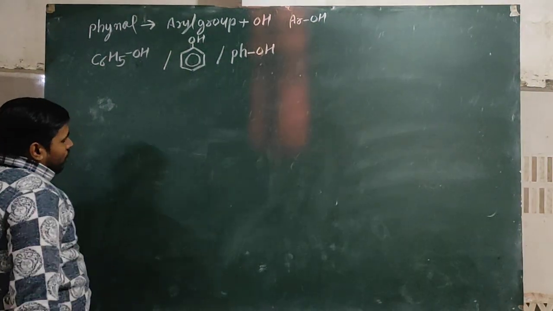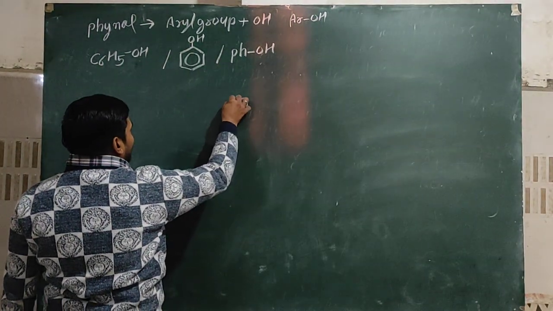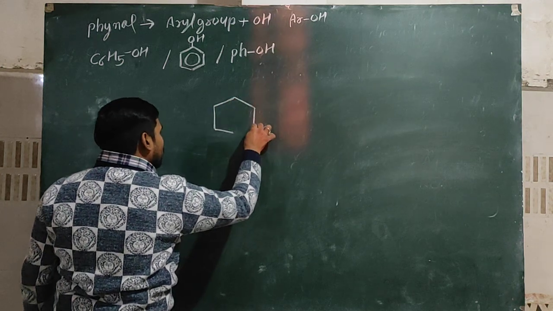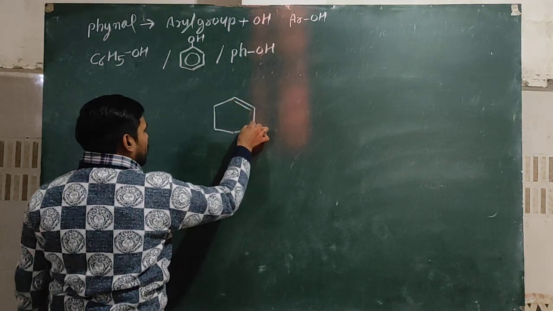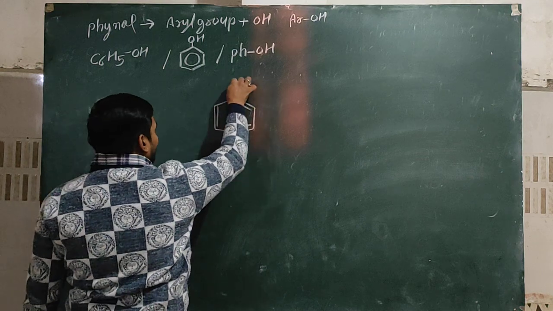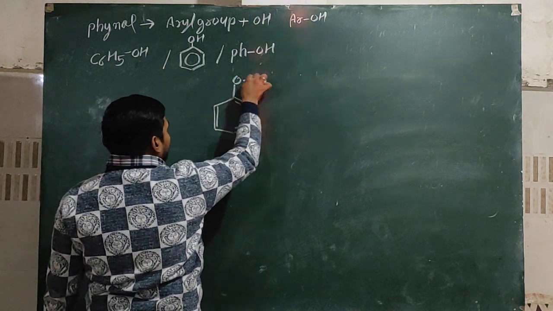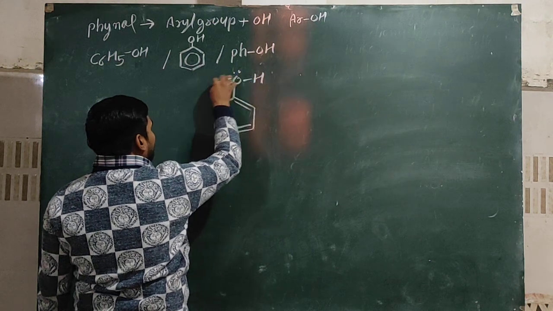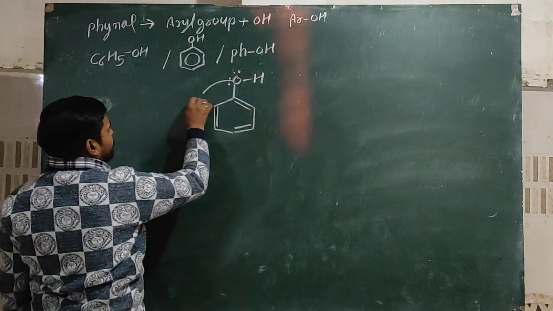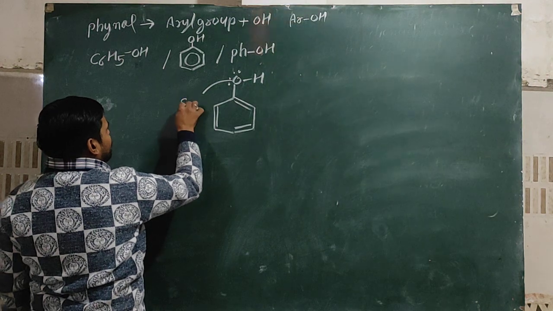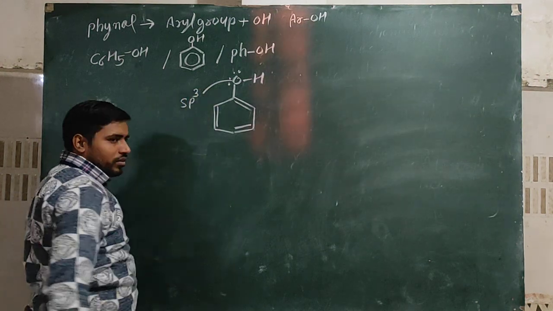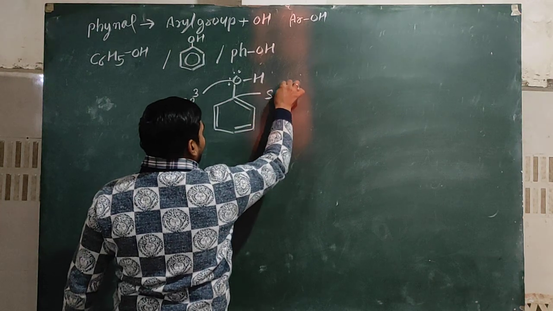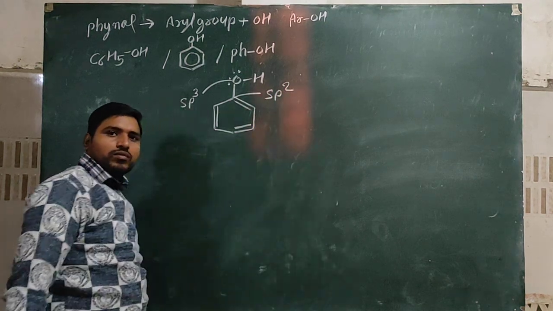Okay, if we try to understand the structure of phenol, then you can see here in phenol this OH group, which contains 2 lone pairs of electrons and also sp3 hybridization, is directly bonded with those carbon atoms which contain sp2 hybridization.